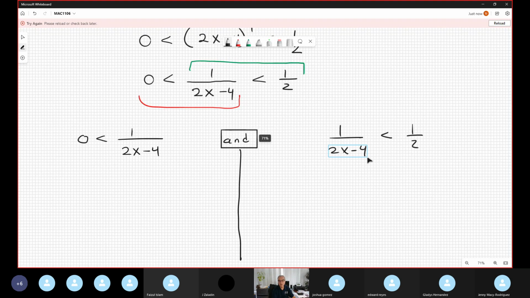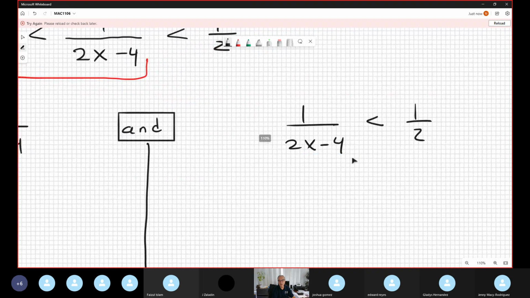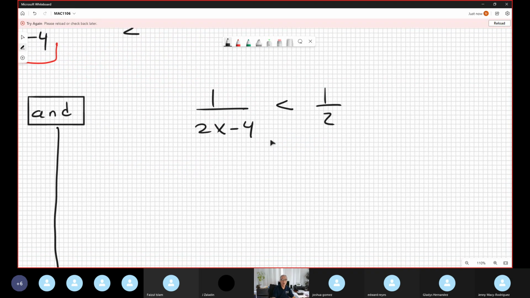Let me focus on this. If you want, you move the 1/2 to the other side and convert to the classical inequality we were doing before: factorization, critical value, partition. But no, you are doing a shortcut, and by the way, you get the same answer. You can flip both.